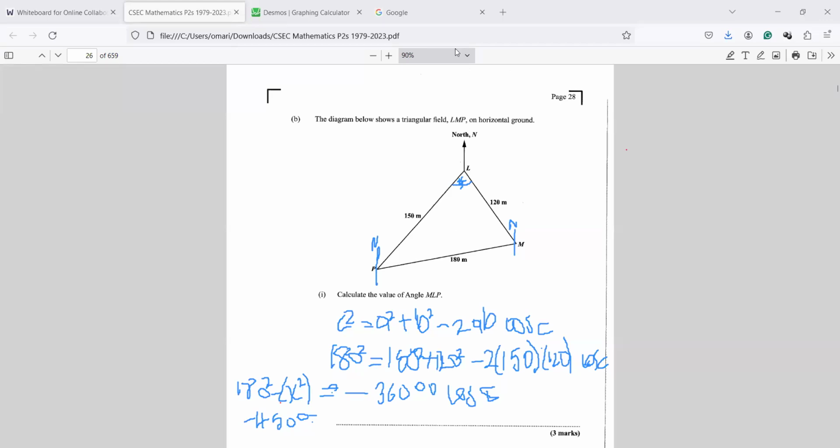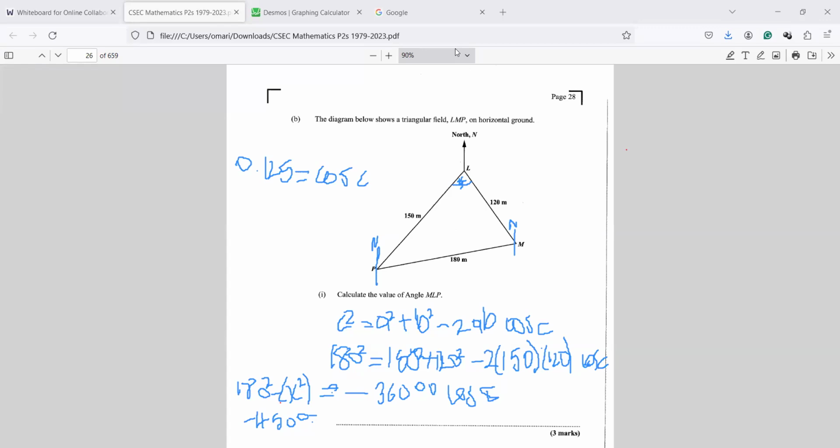So we end up with 0.125 is equal to cos C. Because remember, it's no longer negative because we would have divided by this negative value, and negative divided by negative gives you a positive. Hence why there is no negative sign beside this value here. So it's a positive value that we're working with now.